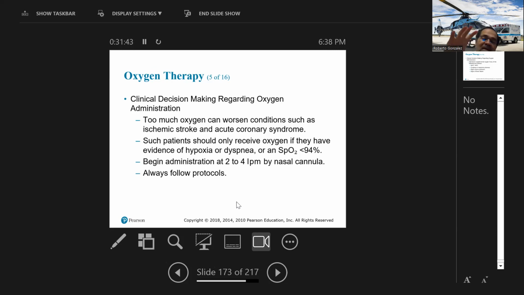Nitro is going to dilate the blood vessel so blood can flow through, and aspirin is going to break up the clot, make it smaller, and get oxygen to go through. The only issue is that you already have a high concentration of O2 on the backside, and now it gets released, and it releases free radicals. And free radicals are not good.